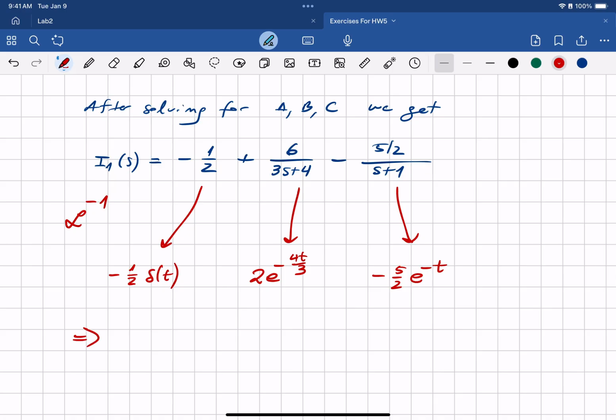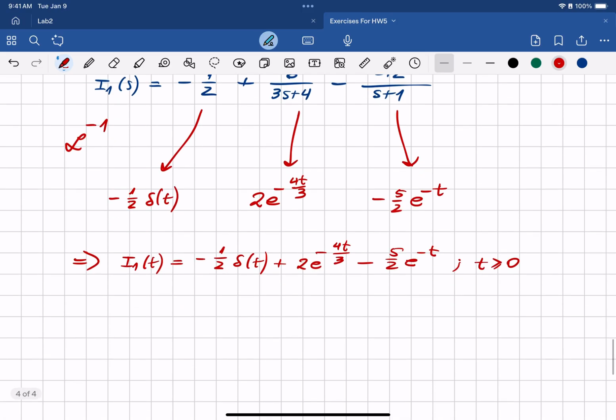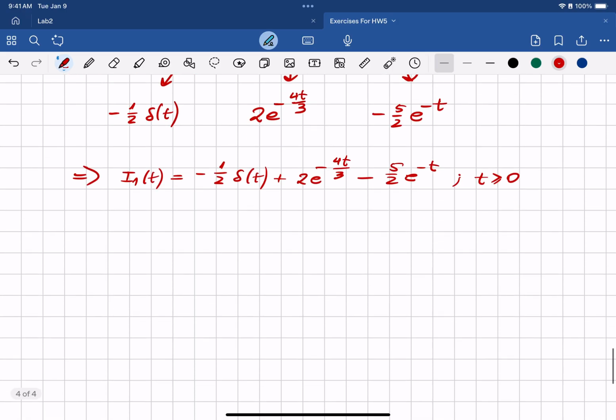That means I1 of t is going to be exactly the sum of each component, right? This is a linear transformation, so we can take the sum of its components: 2 exponential of minus 4t over 3 minus 5 over 2 exponential of minus t. And this is valid for t greater than 0 because everything is defined for the step function. Okay, and you can check your results.